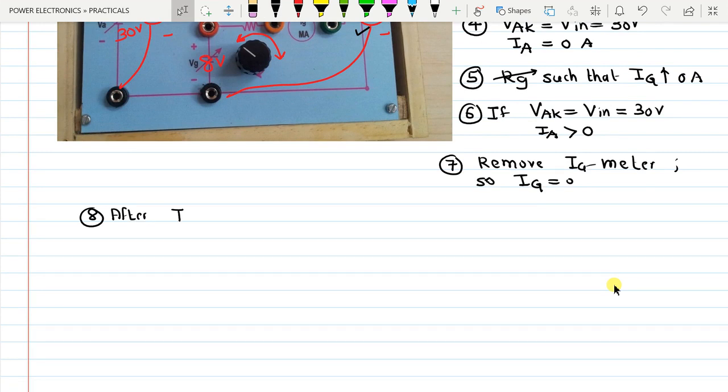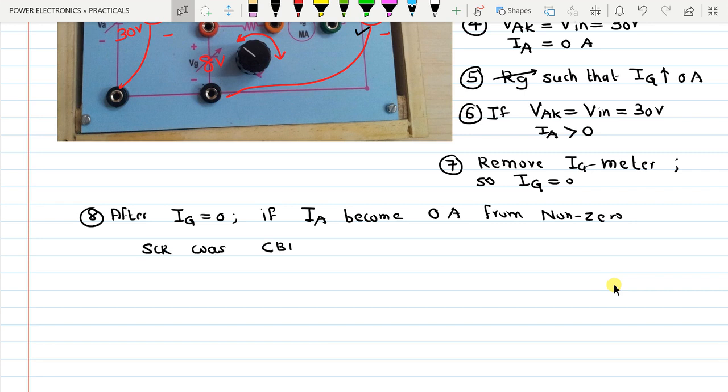After IG is made equal to 0, if IA becomes 0 amperes from non-zero, the SCR was conducting but not latched.